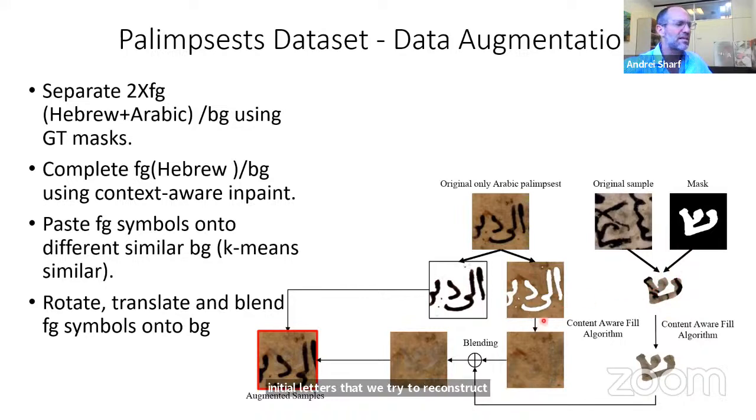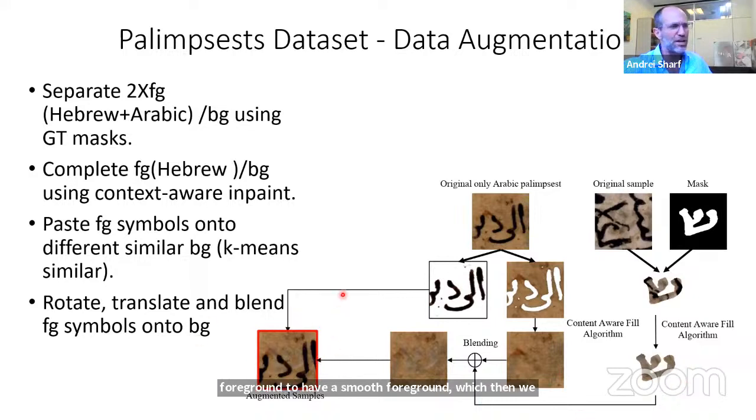Then we have some letters that are not needed, that we're not interested in, and the background. So we do a context-aware inpainting, where we fill the background and the occluders, and also we do inpainting in the foreground to have a smooth foreground, which we can then paint.